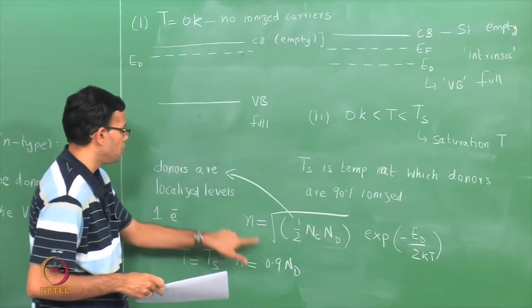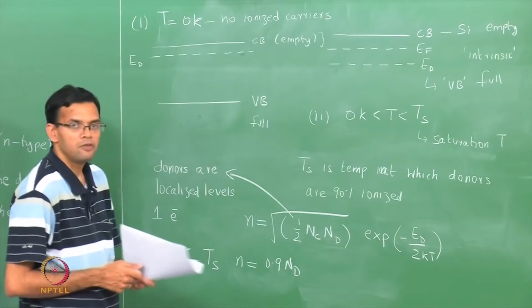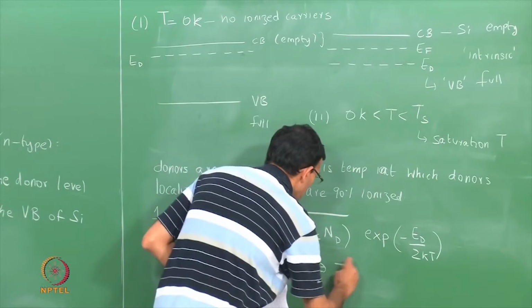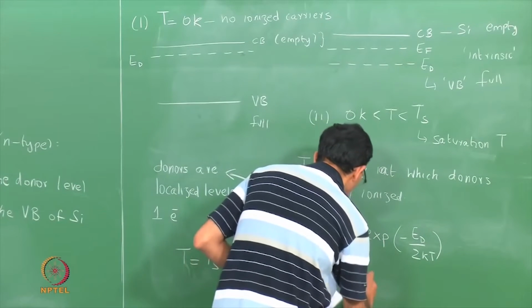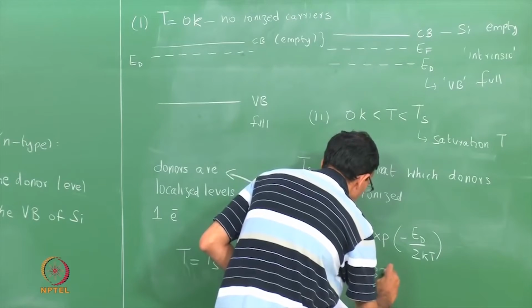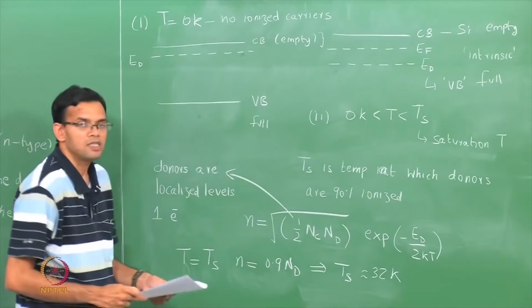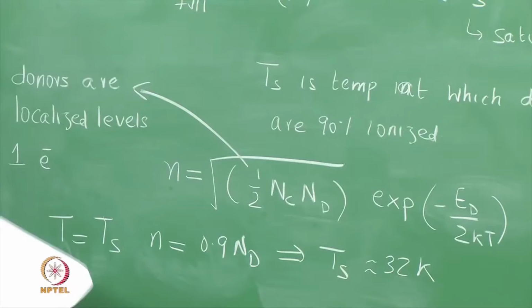We can put this value here and try to solve this expression for Ts, and if we do this, we get a value of Ts to be approximately 32 Kelvin. So, in this assumption we take Nc to be independent of temperature.